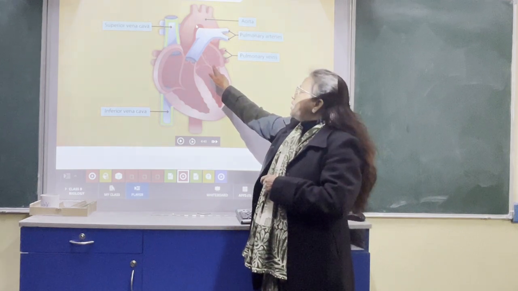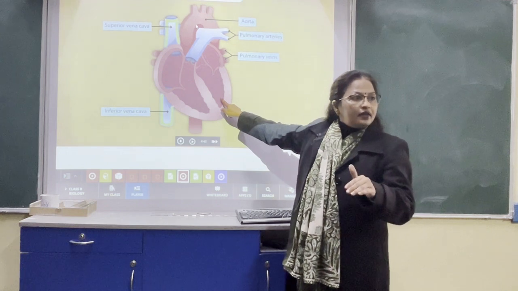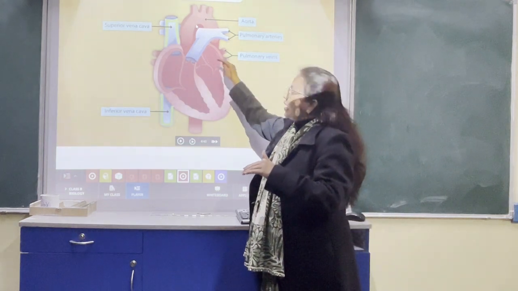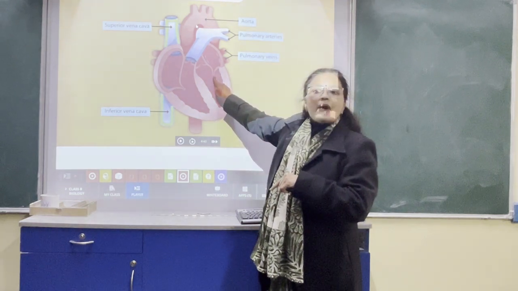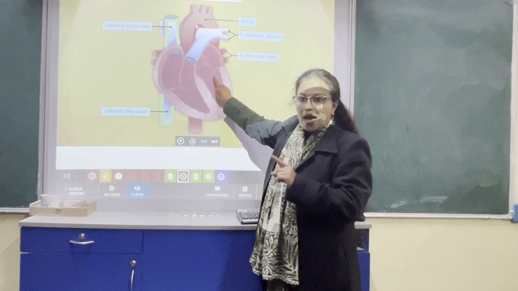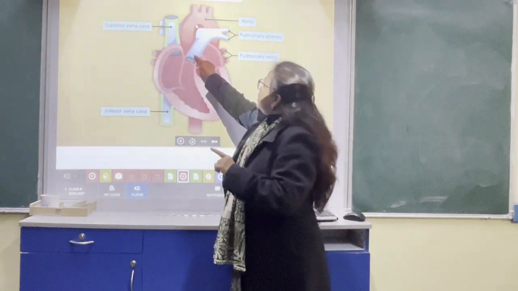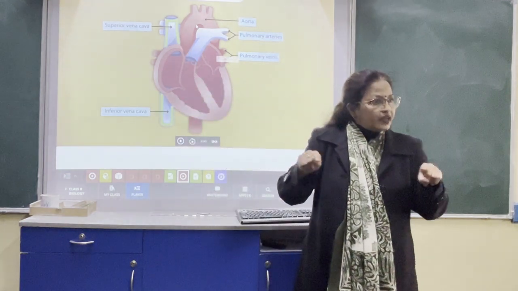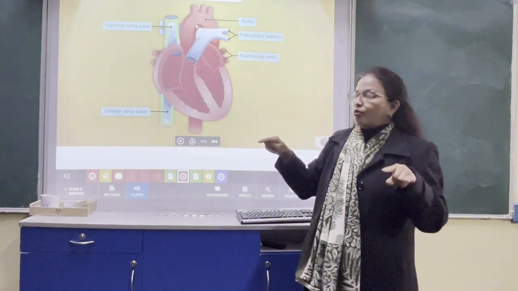From the left atrium, it flows down into our left ventricle. And to prevent the backflow, again there is a valve here. This is known as the bicuspid valve. Now from here, the blood is entering into the aorta. Now this oxygenated blood is distributed to all parts of our body.